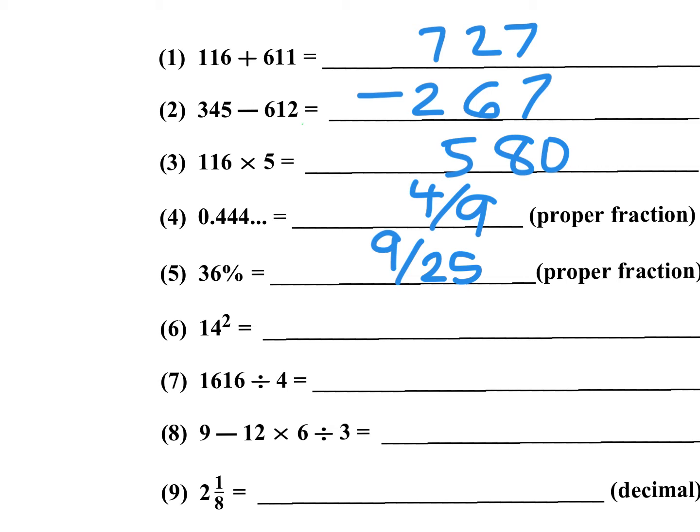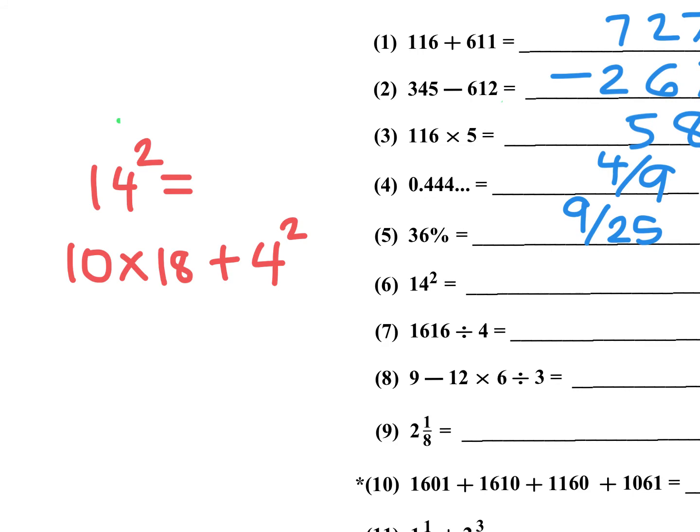14 squared is 196. You can memorize that. Or you could do it a different way. If you don't know your squares, I recommend that you memorize maybe the first 25 or 30 squares. But if you have to work it out, there is a way. So another way of squaring 14, if you didn't know it, you could subtract 4 to get 10, and then add 4 to get 18.